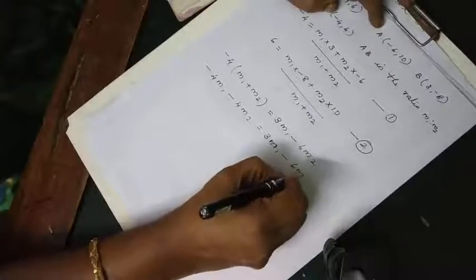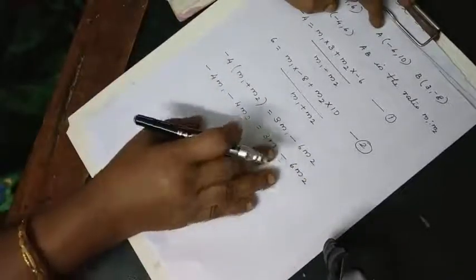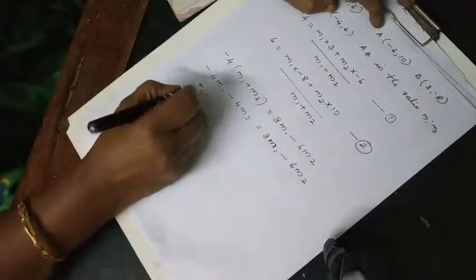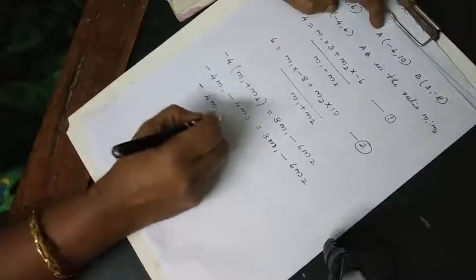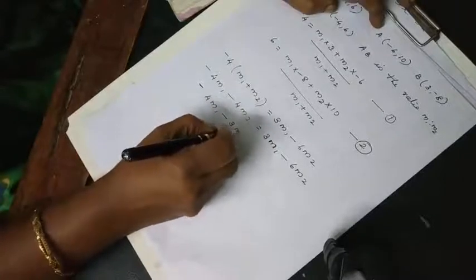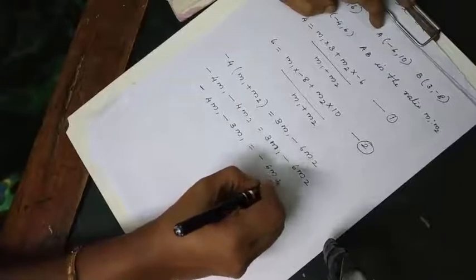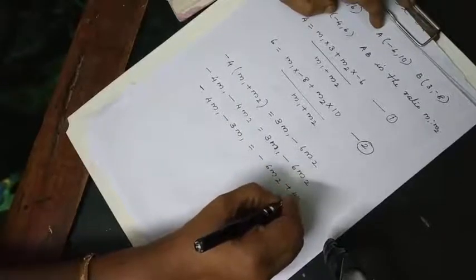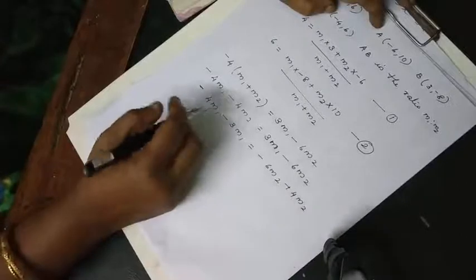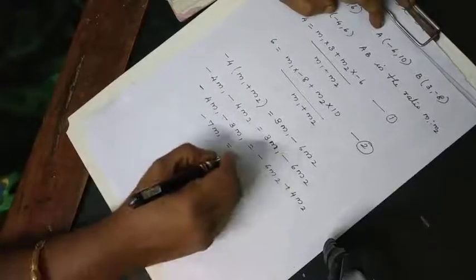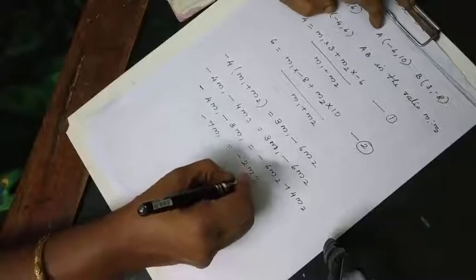Now open the bracket: -4m1 - 4m2 is equal to 3m1 - 6m2. Now take m1 on one side and m2 on the other side. So -4m1 minus 3m1, that is equal to -6m2 plus 4m2. Here you will get -7m1 equal to -2m2.